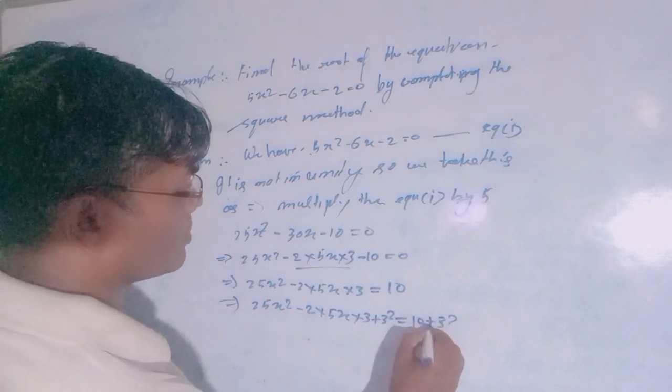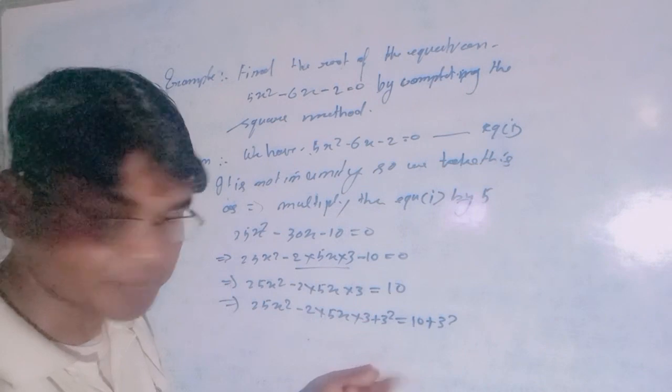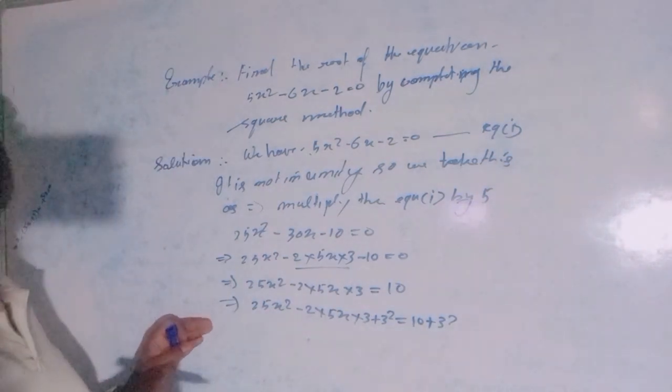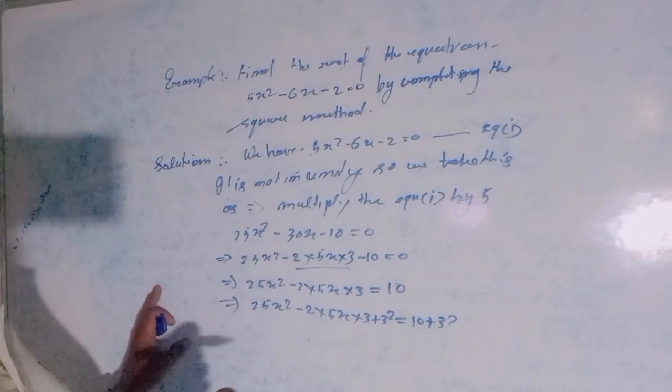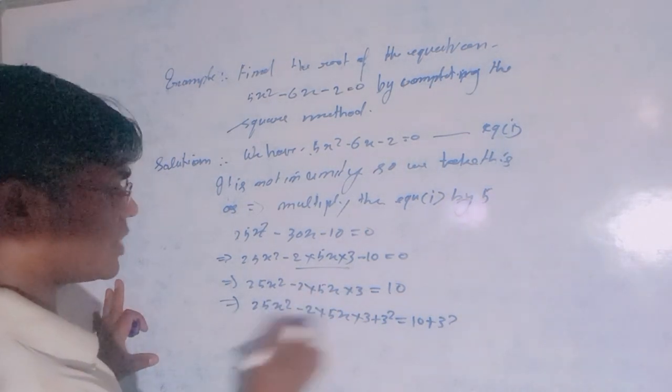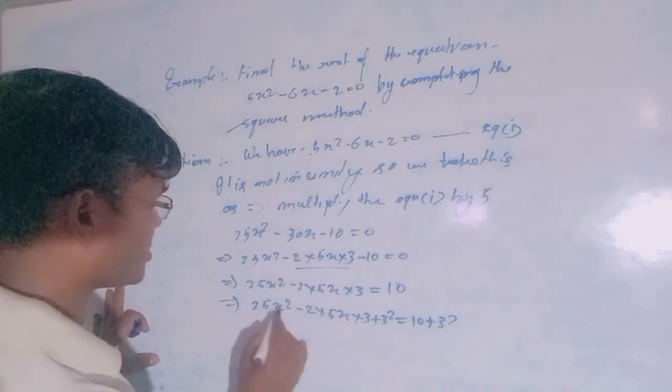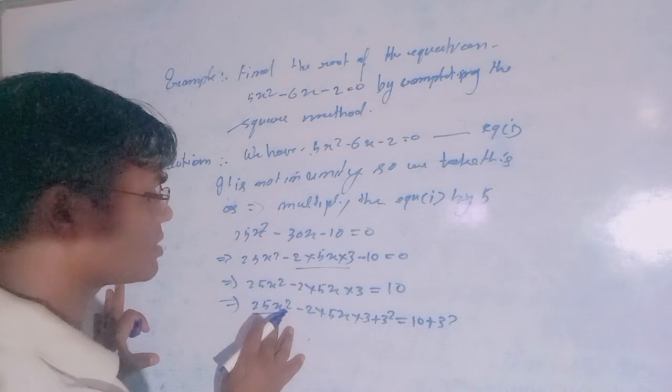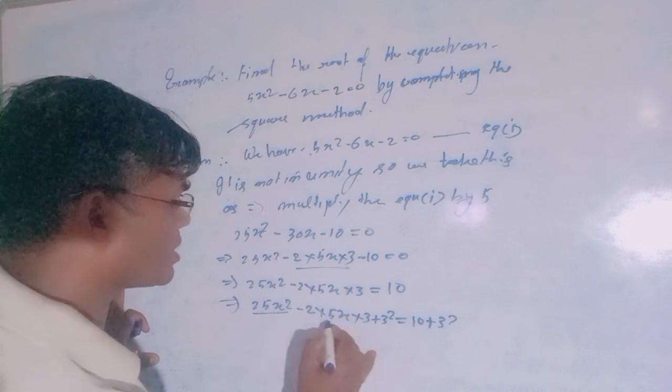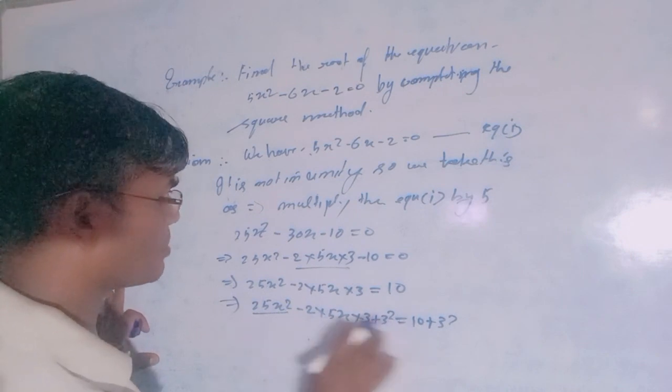Now further, next step will be using a square minus 2ab plus b square, which is the whole square.